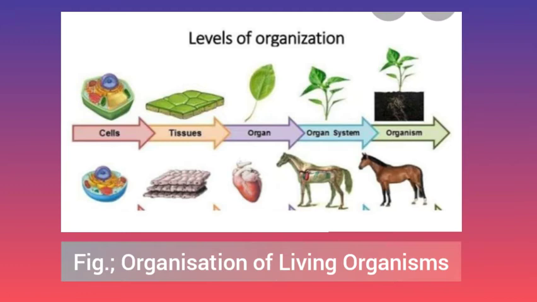Cells together form tissues, tissues together form organs, organs come together and form an organ system, and these organ systems together form an organism, which may be the human body or any living organism like plant, animals. In this figure, you can see a horse is given. So this is an example of organizational level in living organisms.